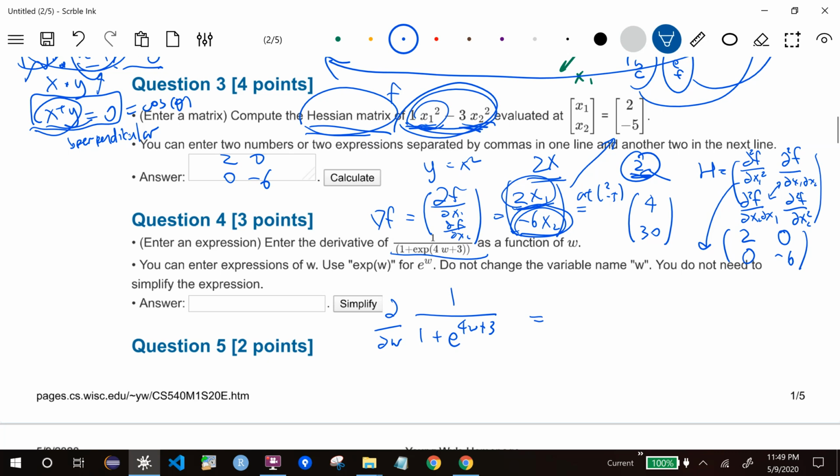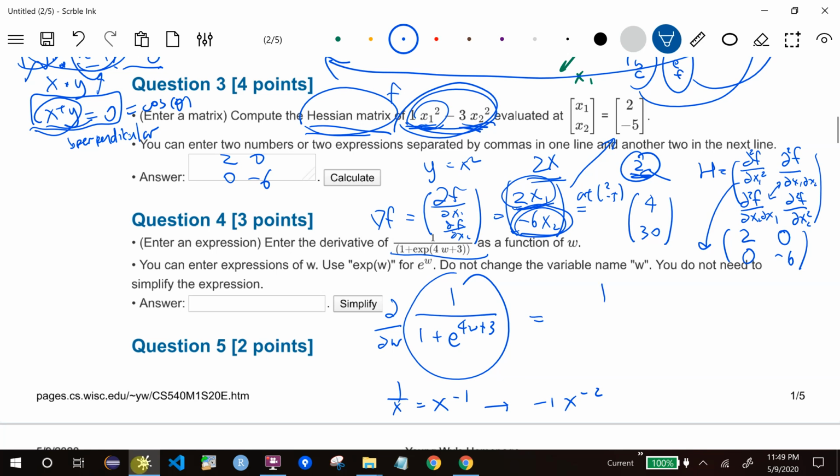The chain rule basically says we take the derivative of the outer function multiplied by the derivative of the inner function. The outer function is this 1 over something function. I usually make it an exponent: 1 over x is x to the minus 1, so the derivative is minus 1 times x to the minus 2.